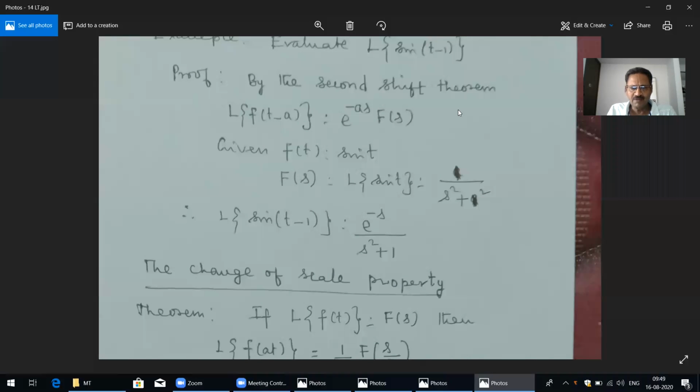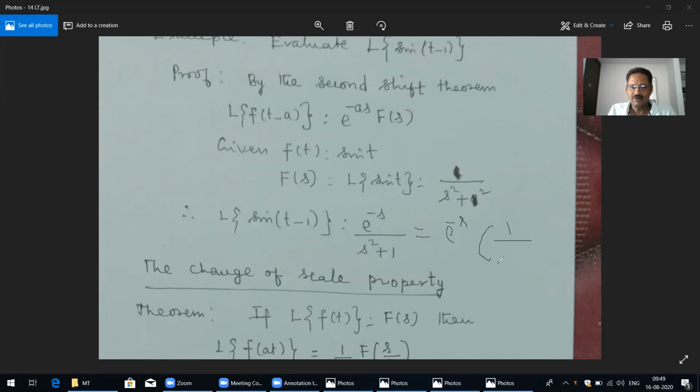So it's also the same as this one. By the definition you write this equal to the previous one, e power minus s into 1 over s squared plus 1.